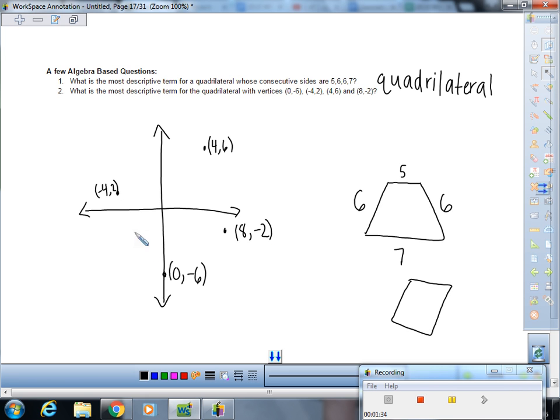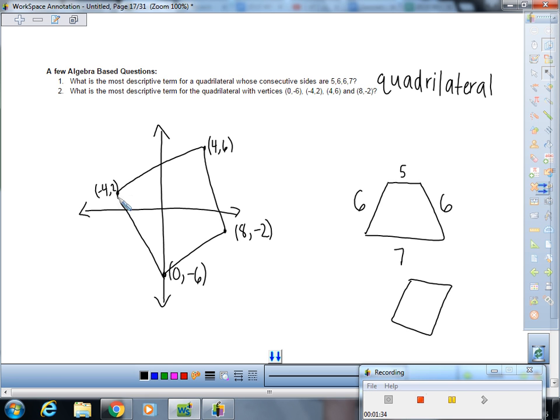So if we connect these points, we can see that it's a quadrilateral, but in order to find the most descriptive term, we have to figure out whether the angles are right angles, so we have to figure out whether they're perpendicular by finding the slope.